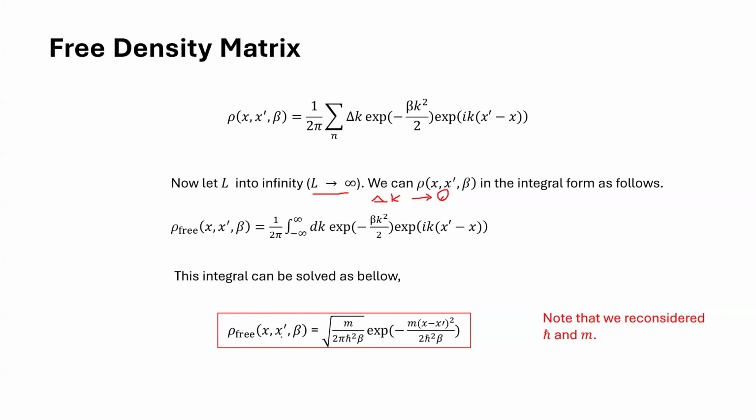The density matrix of a free particle is given by the square root of m over 2 pi hbar squared beta, times exponential of minus m times (x minus x prime) squared over 2 hbar squared times beta.